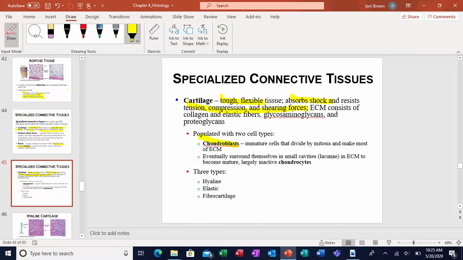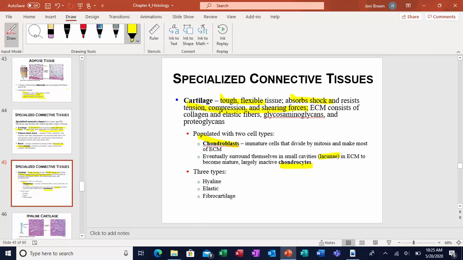There are chondroblasts, those are the cells that make the extracellular matrix. And eventually they put themselves in a little cavity that's called a lacunae in the extracellular matrix, and they become these mature chondrocytes or cartilage cells.